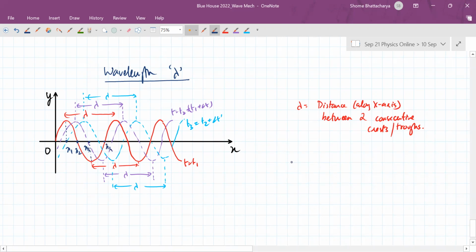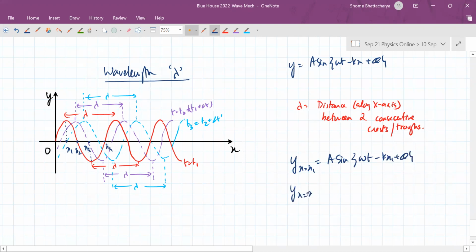You can see that if we have the general equation of wave like this, then the equation of SHM of one particular particle is like this, and the equation of SHM of another particle, any particle, need not be this x2 which I've shown in the diagram, is like this.